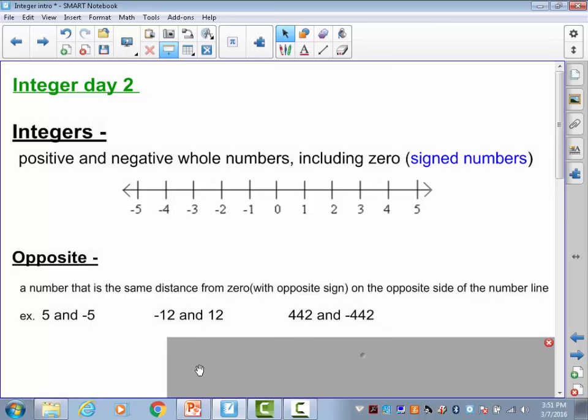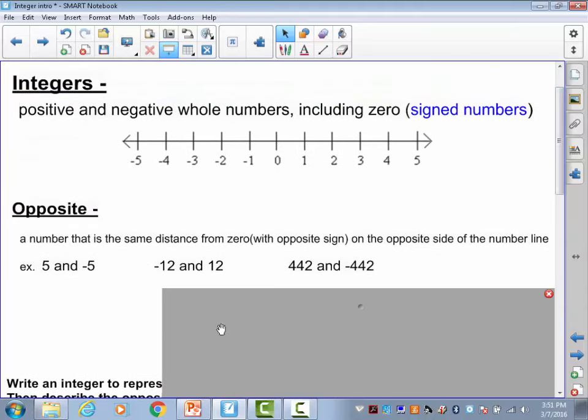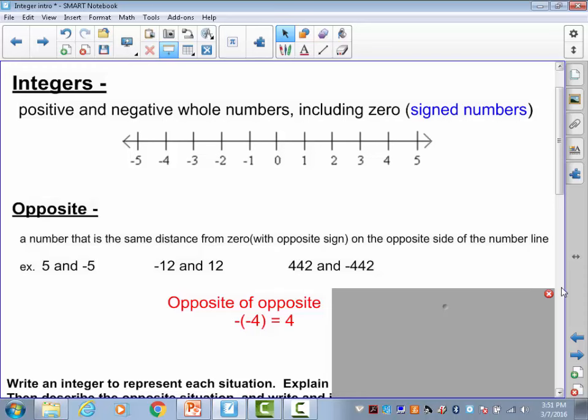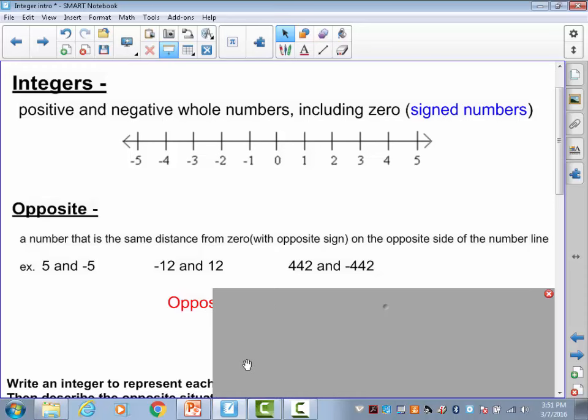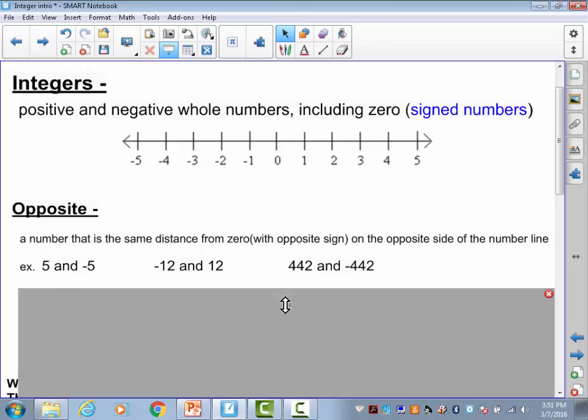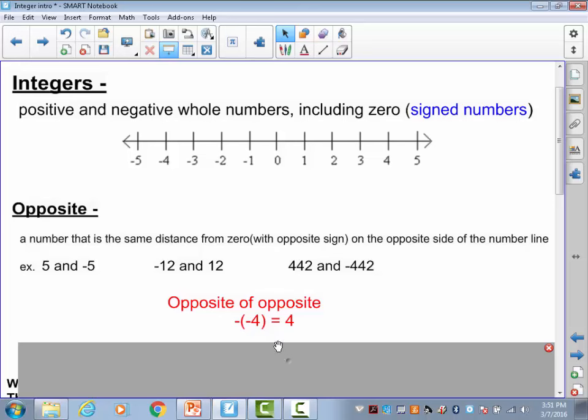Okay, now let's crank it up a little bit. So if you take a look at what I have here, the opposite of the opposite. So take a look here. We have a negative, negative 4. So when we say negative, we're really saying find the opposite, right?